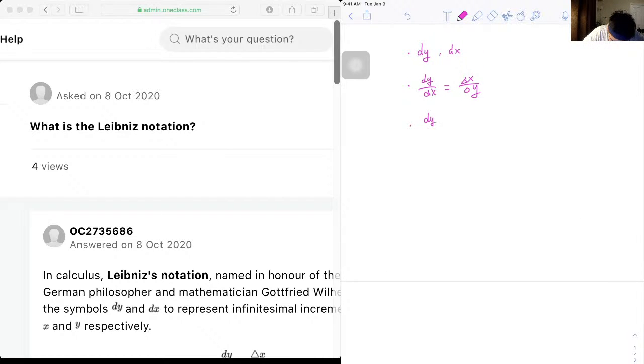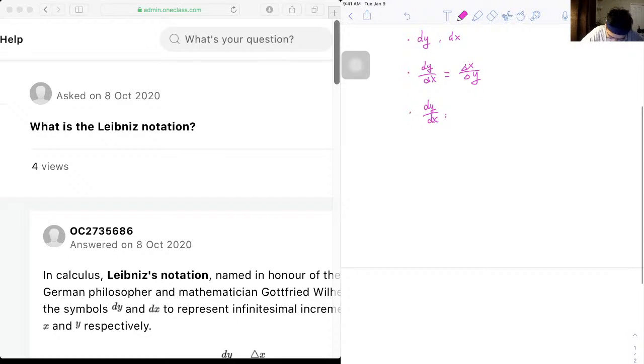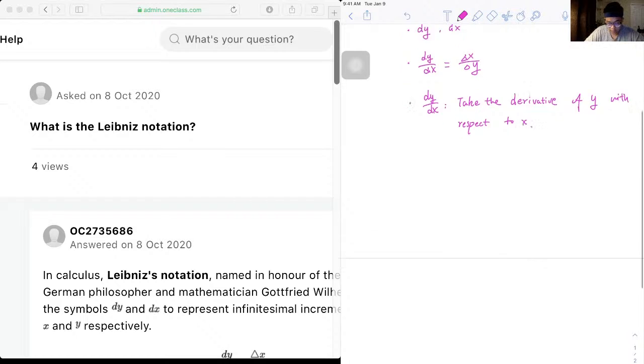So dy dx literally means we take the derivative of y with respect to x. Okay?